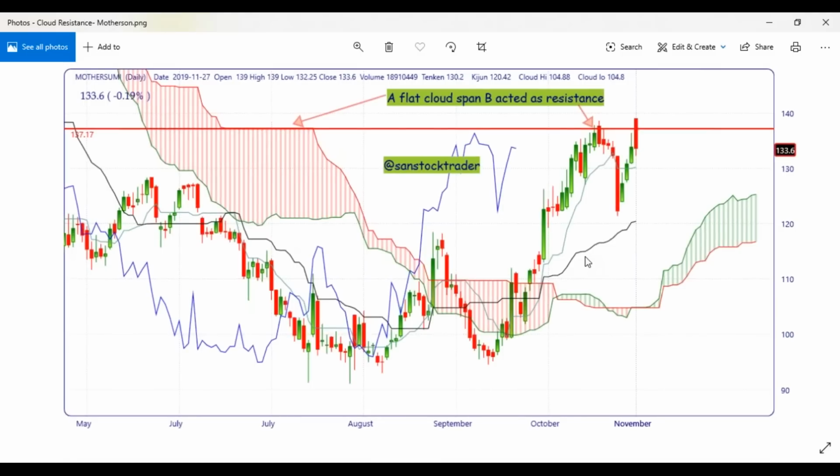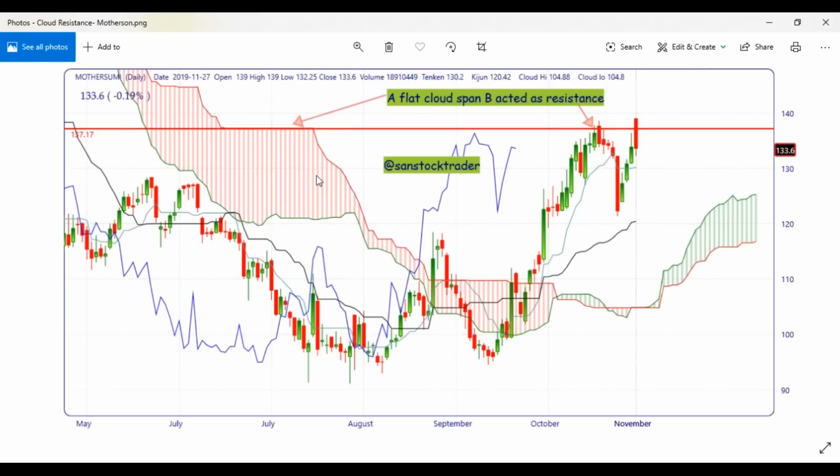Okay, so we talked a lot about cloud pullback. Now let's understand one more important feature of the cloud, which is how the cloud acts as a resistance. As I said, we discussed cloud thickness. Now whenever the cloud is flat, this flat cloud level acts as a resistance.